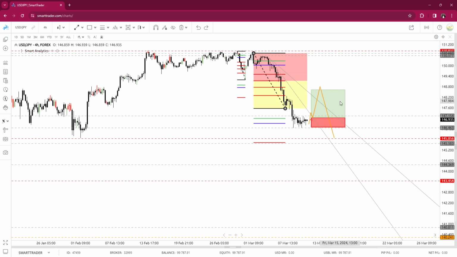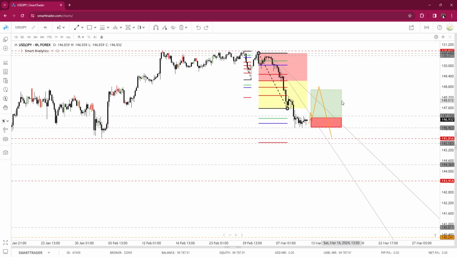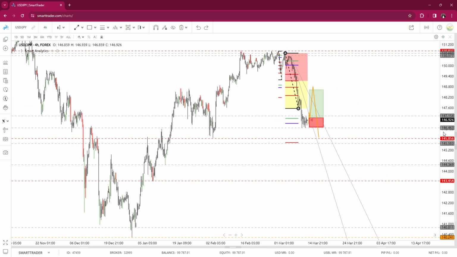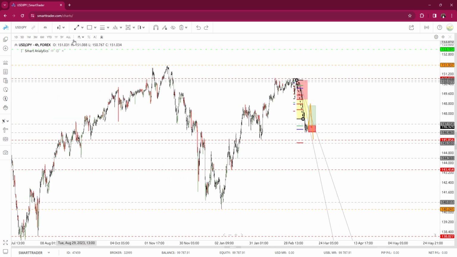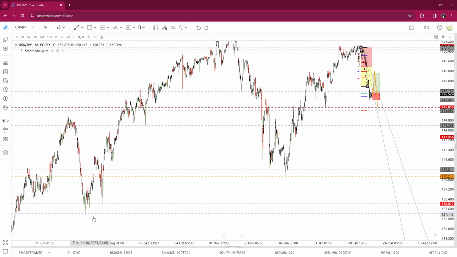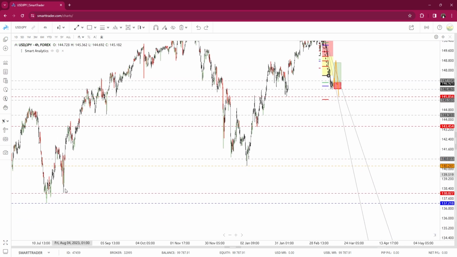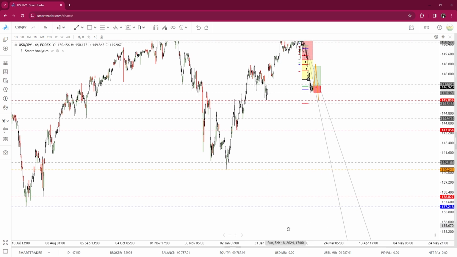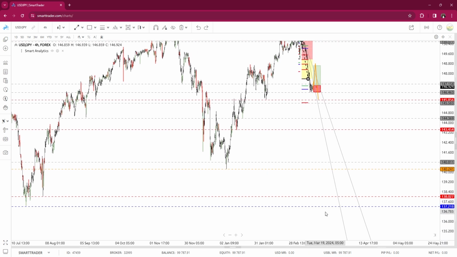And then my thought process is that we're going to see price continue to the downside. Just looking at structure, my thought would be that we're going to 138, 137. This is a strong weekly level that I would anticipate we would see price react at.